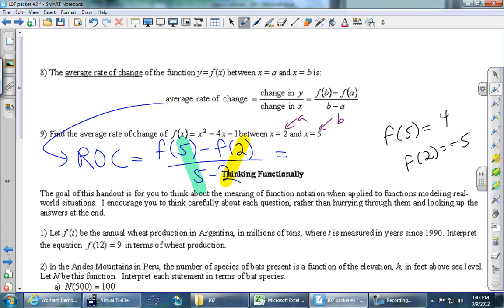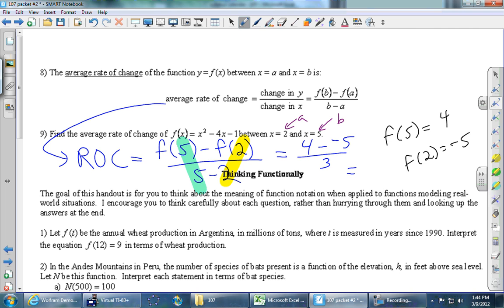I got 4 and negative 5. Are those right? Any questions so far? So you plug in the 5 and I got 4. Plug in the 2 and I got negative 5. That's replacing those x's with 5 or 2.